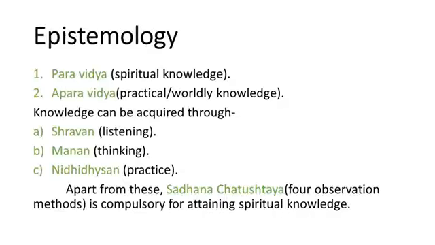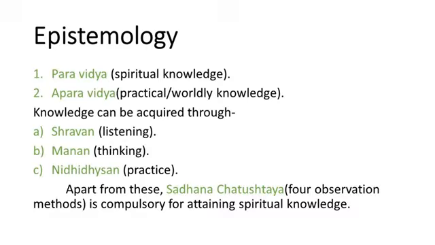Next, epistemology. Epistemology means knowledge, and knowledge according to Shankara is of two types, Paravidya and Aparavidya. Paravidya means spiritual knowledge and Aparavidya means worldly or practical knowledge. Knowledge can be acquired through Shravan, which means listening, Manan, which means thinking, and Nidhidhyasan, which means practice.